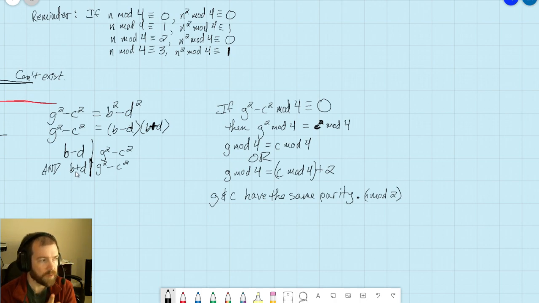Again, either they're both even or they're both odd, I think. Let's make sure of that. If g and c have the same parity, then we get an even number. So here we're going to have an even number, so they also have to have the same parity. Yep.